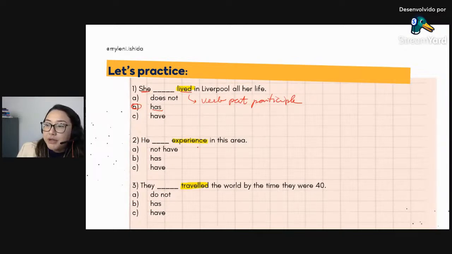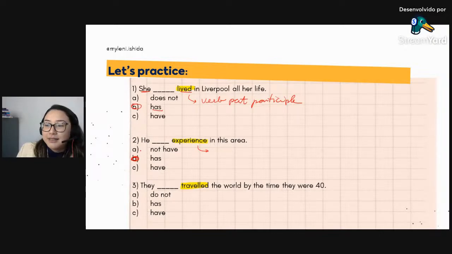He experiences what? It's something. A experiência, right? In this case, it's not a verb in the past participle. So in this case, the verb have is not an auxiliary verb, right? In this case, the verb have is a main verb. So we are going to use here, he has experience in this area.